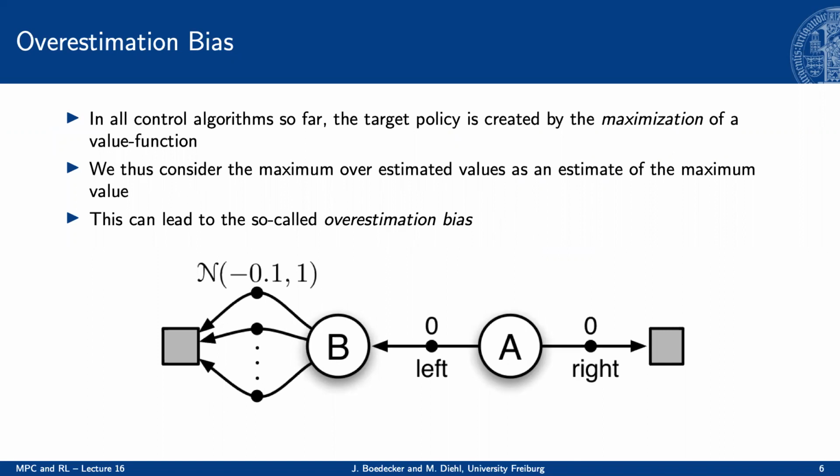One particular problem that we tend to have, basically always when we have a Q function and wrong initial values, especially with a function approximator, is that if we then take a maximum of some noisy estimate, we tend to use those estimates that have the highest noise value.